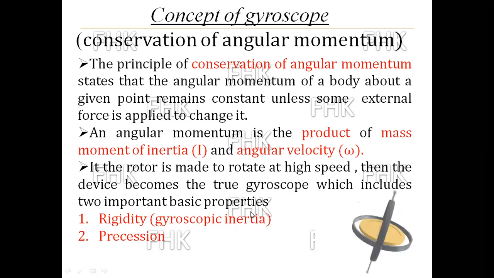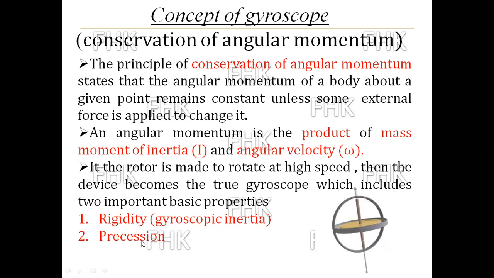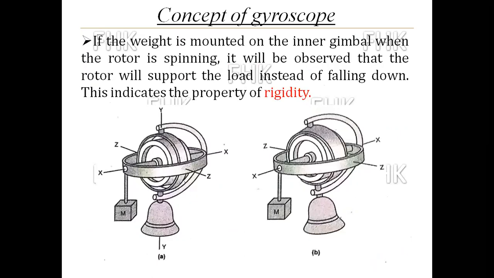That means if you rotate any mass at high speed, that device becomes a true gyroscope, which includes two important basic properties. First is rigidity and second is precision. Now one by one, let us see what rigidity is and what precision is.